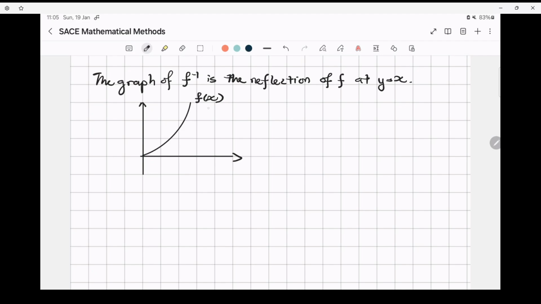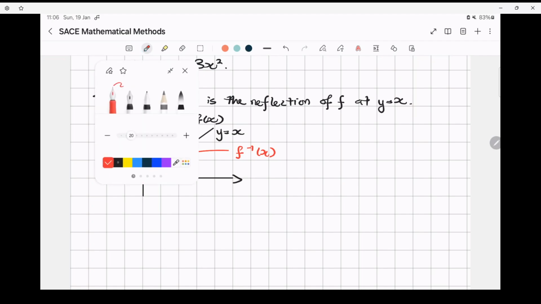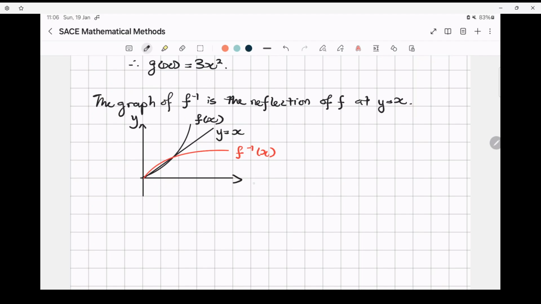If you want to sketch the graph of f inverse, draw a line that represents y equals x and then reflect it. After the reflection, it should be something like this. So this will be f inverse. That's how you sketch the graph. This is y, this is x.